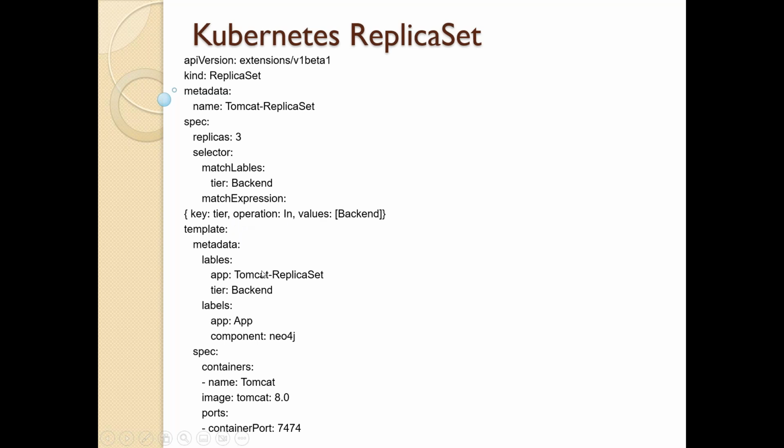Wherever the tier is backend, it will put your pod inside that particular node. That is what the replica set will do. But mostly both do the same thing, except that the selector is equality-based or set-based. Everything else is the same for both replication controller and replica set. It is recommended to use the newer replica set.